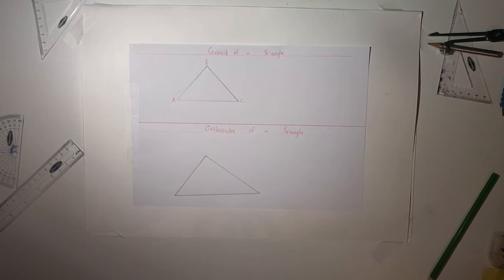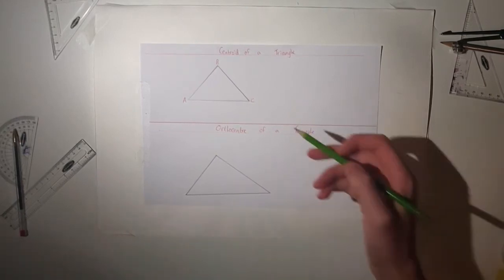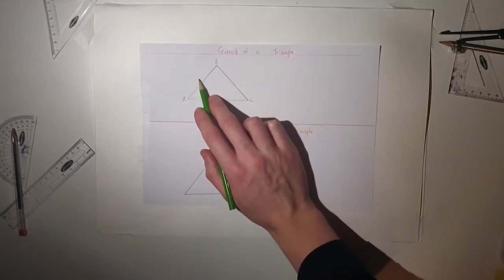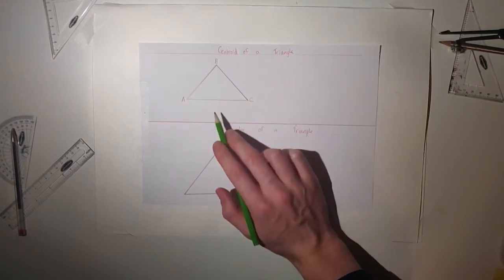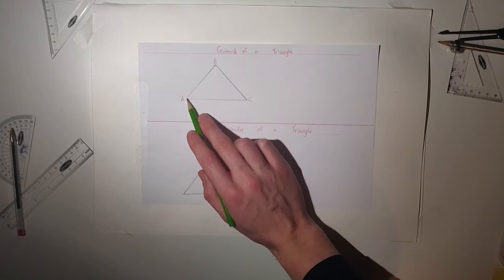Or even if you just pick, let's say 2 for now. So when we're looking at the centroid of a triangle, we have to find the midpoint of any 2 sides. So let's say the midpoint here and the midpoint here. And then we're going to have to draw a line from that midpoint to the opposite vertex or opposite point.